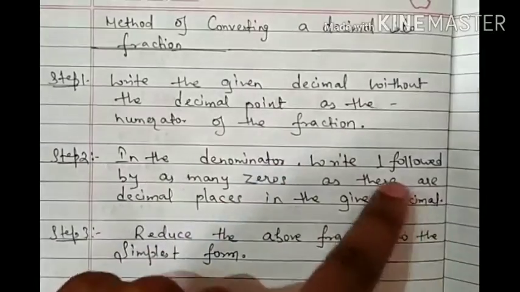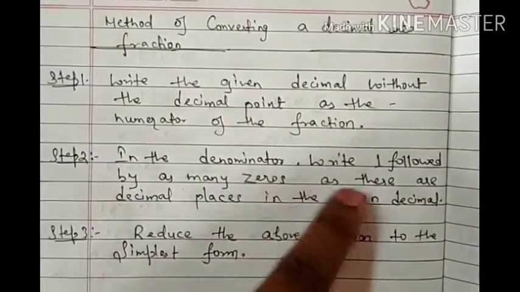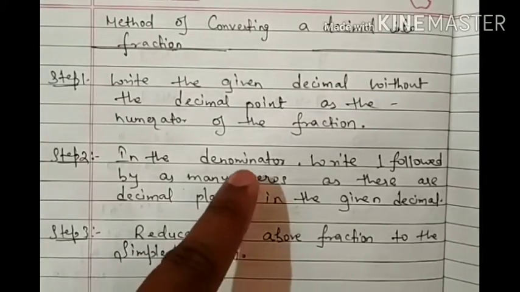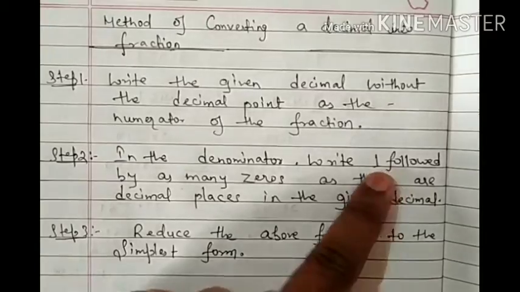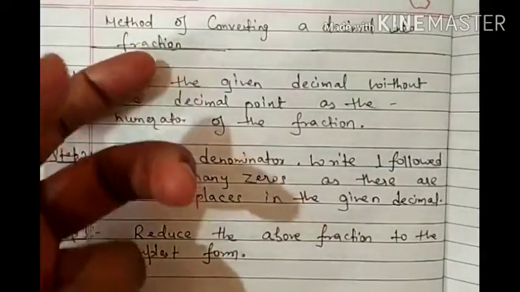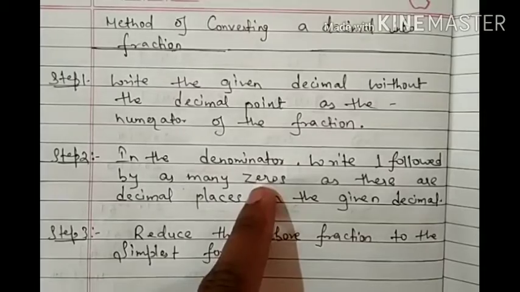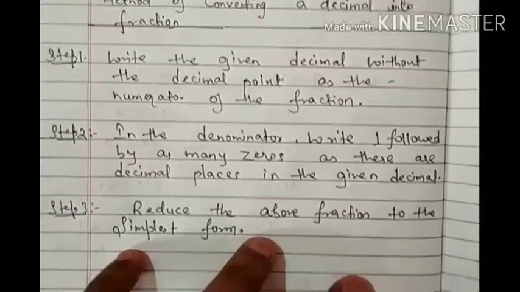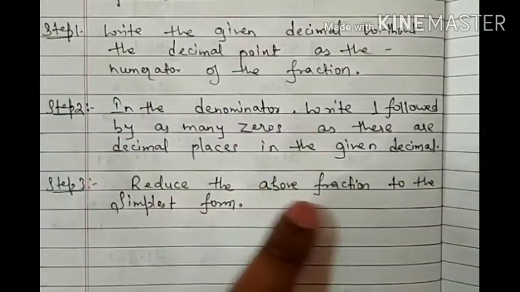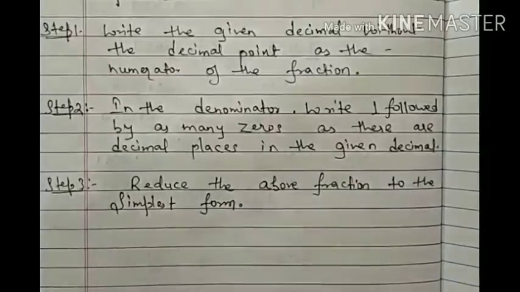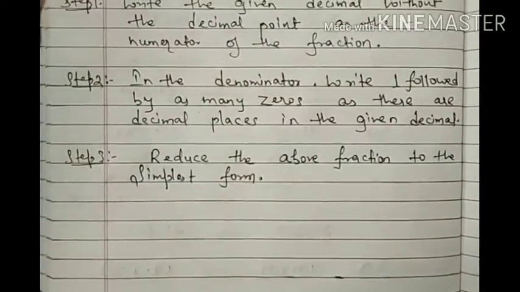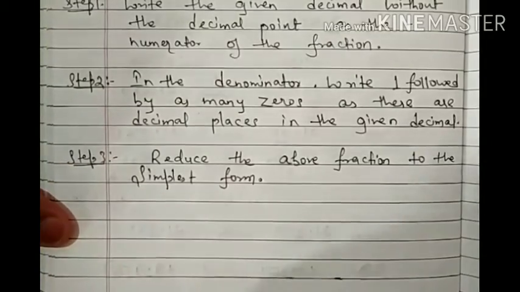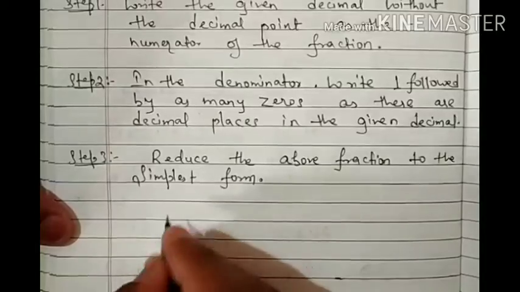In the denominator write 1 followed by as many zeros as there are decimal places, like 10, 100, 1000, and we get to know this from the decimal places in the decimal. What is step 3? After completing these two steps, we will convert the fraction into its simplest form. Let us understand this with an example, it will be very clear. We will look at many examples, so watch the video till the end.